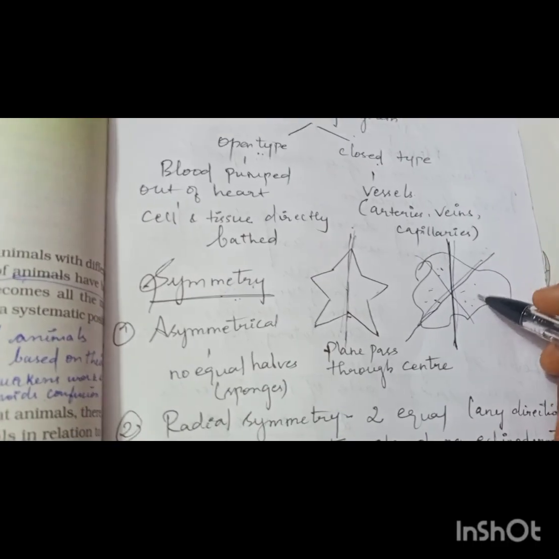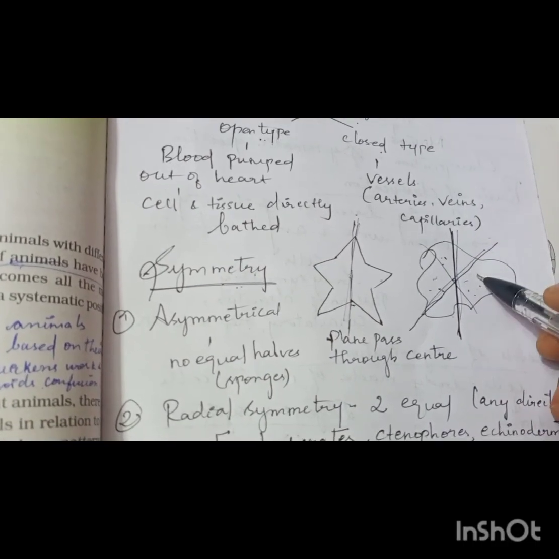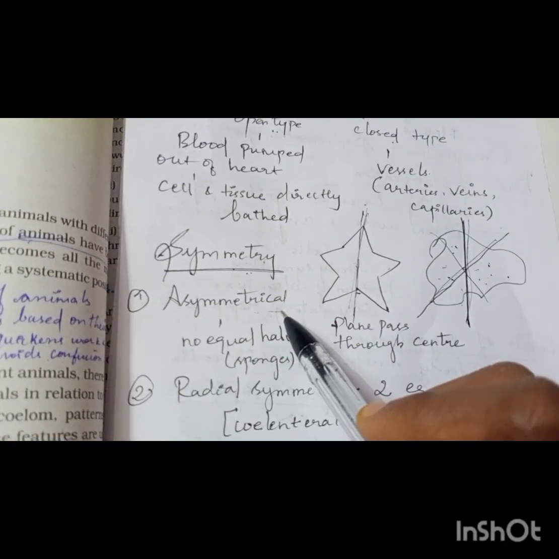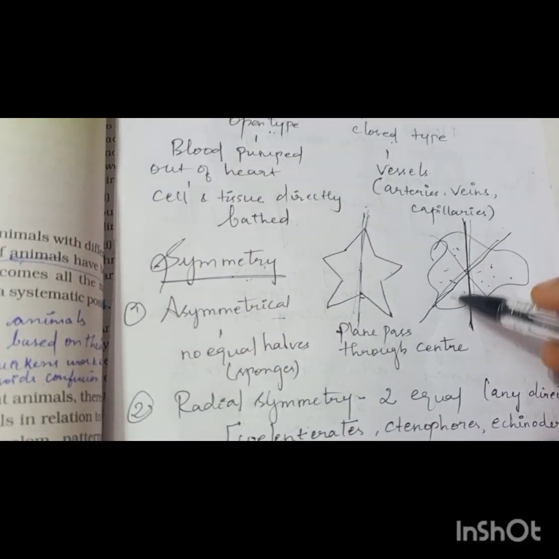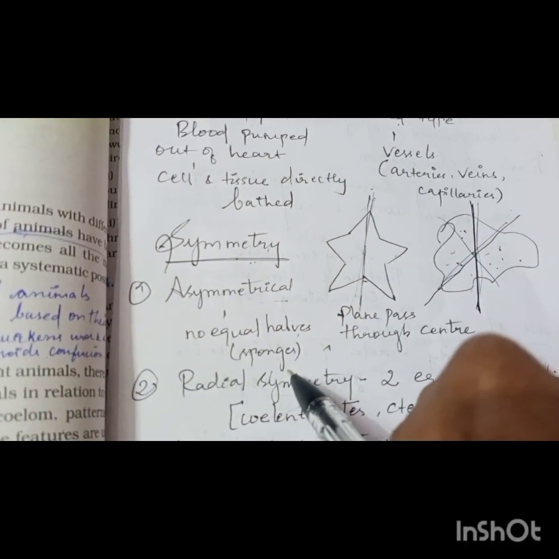If I cut from this side, these two are unequal. So wherever I draw the line, I am getting an unequal half. This kind of symmetry is known as asymmetrical. Example, sponges. So wherever I draw the line, I will never obtain equal halves. This is known as asymmetrical organisms.